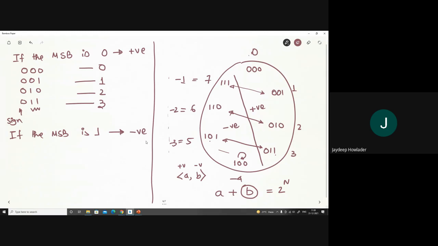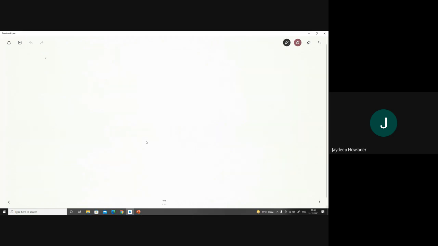But how will the amplitude be computed, how will their magnitude be computed? So let it be 100, 101, 110, and 111.